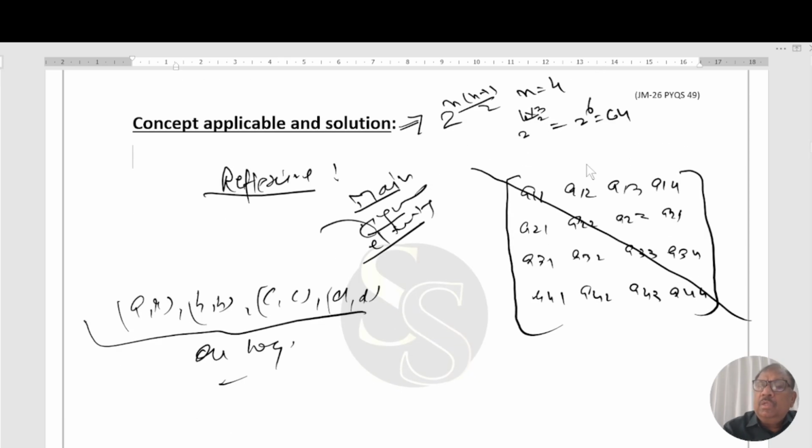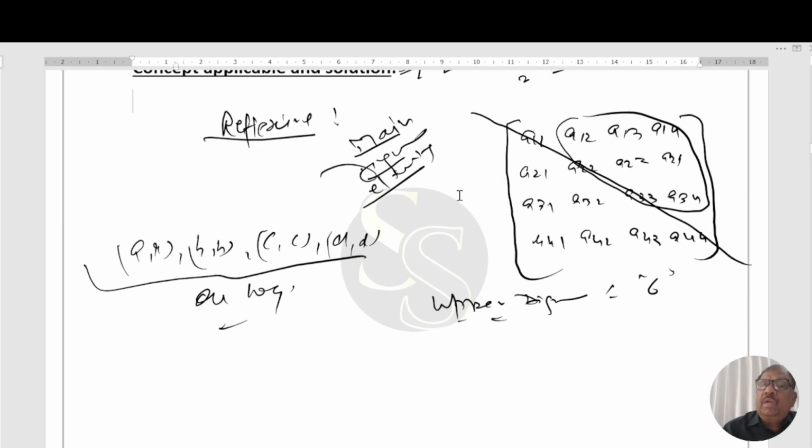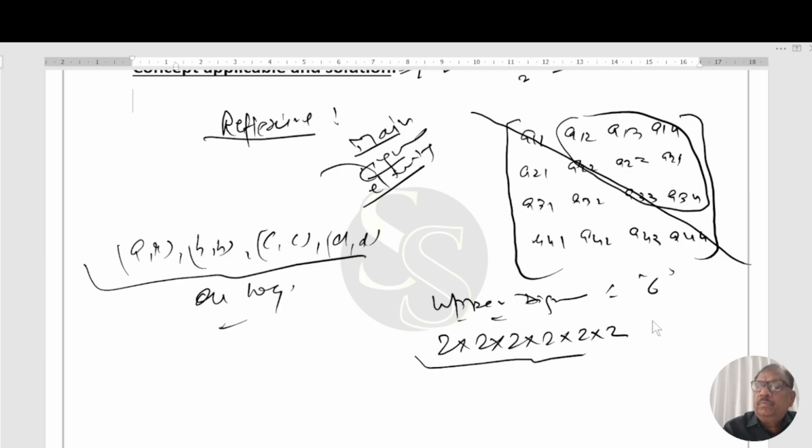So these are 6 elements, the upper diagonal elements. What can the pair be? a12 and a21 can be selected in 2 ways, into 2 ways, into 2 ways, into 2 ways, into 2 ways, into 2 ways. That makes 6.